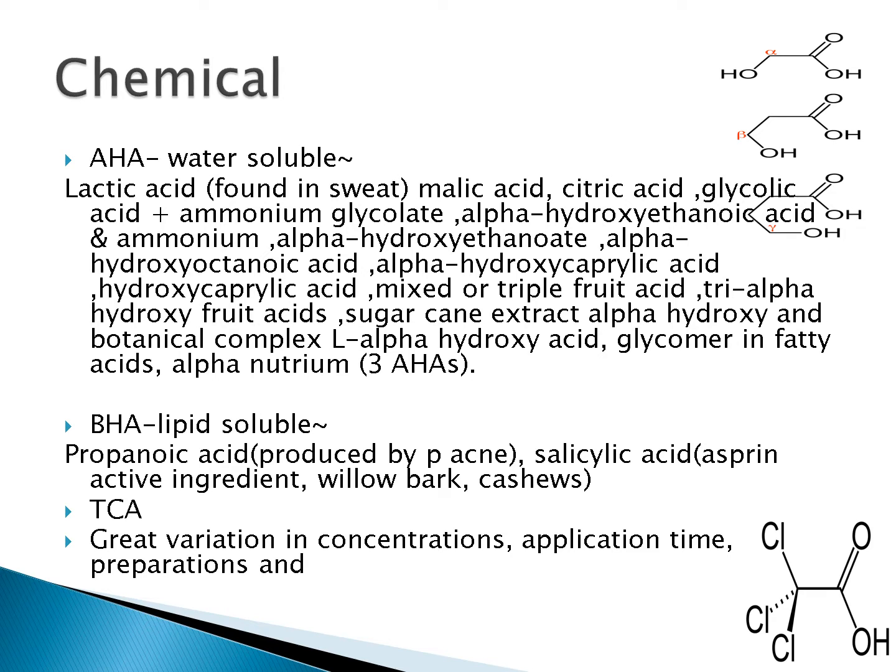There's BHA, which is propionic acid, and really though, whenever you're talking about a BHA, something has BHA and AHA in it. It's a fancy marketing term, but 90% of the time BHA is just referencing salicylic acid. No one's really using propionic acid, which is produced by P. acne actually.